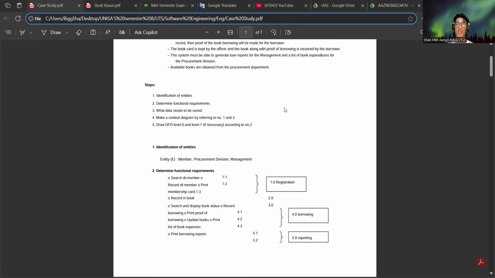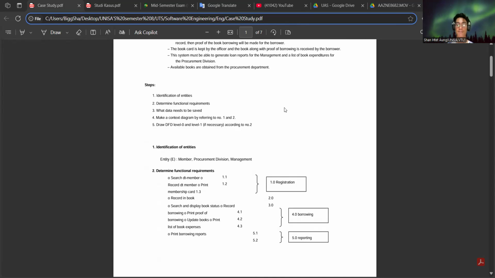And after that, in the borrowing section, we need to record the book ID of the borrowed book, and we need to check the book stock in the procurement division.